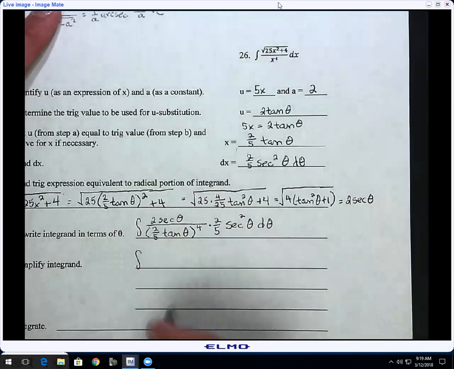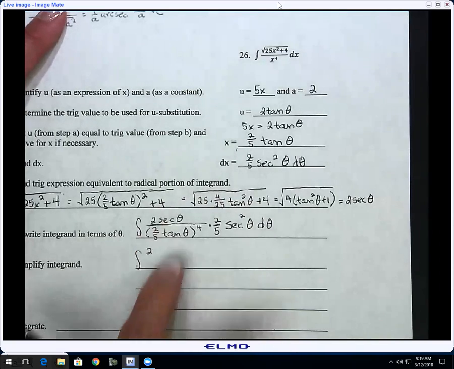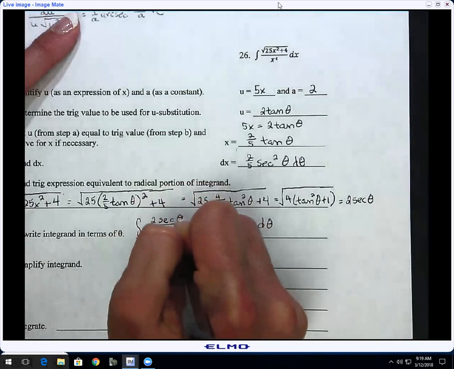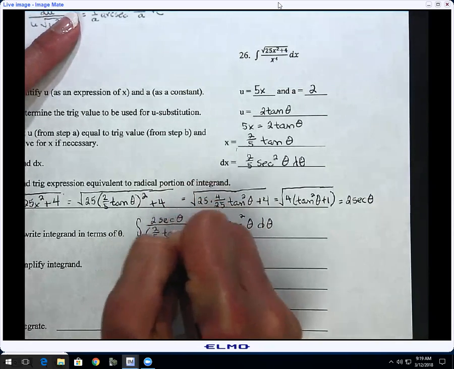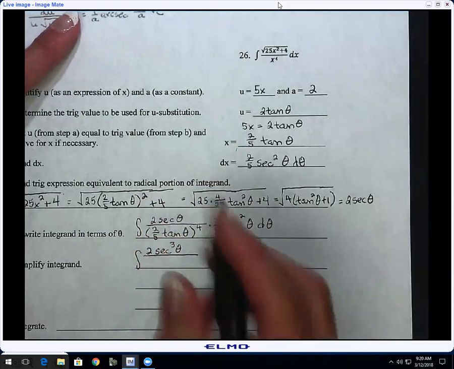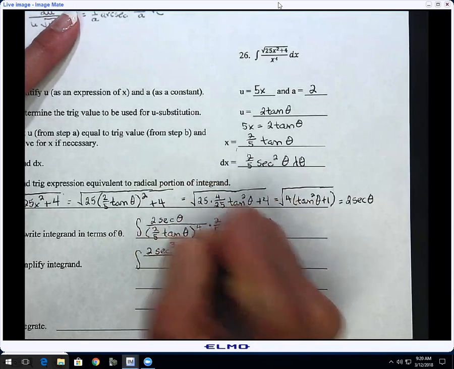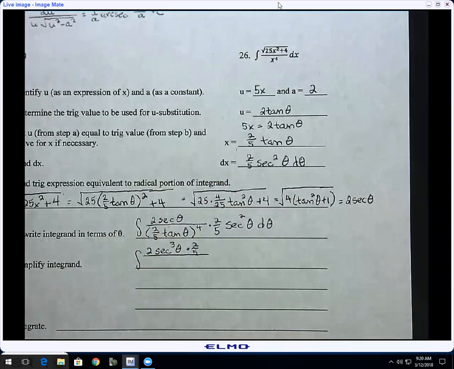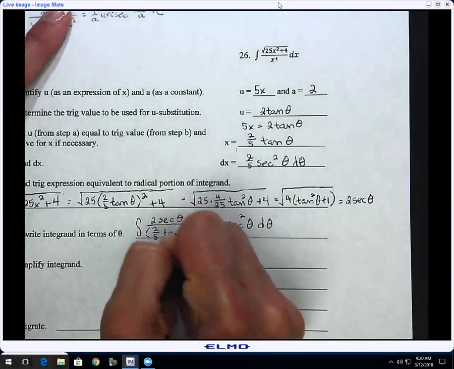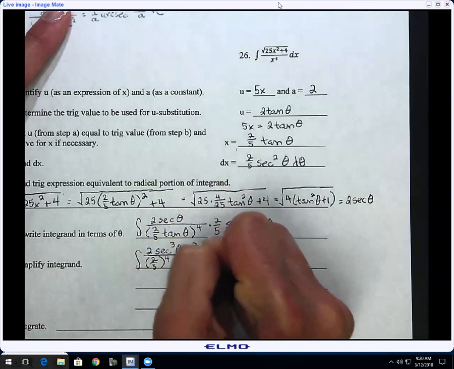If I write that as a single fraction, I'm going to have a secant cubed theta in the numerator. And I'm going to have a 2/5 in the numerator. And I'm going to have a 2/5 to the 4th in the denominator and a tangent to the 4th in the denominator.